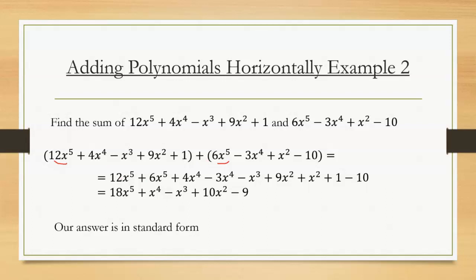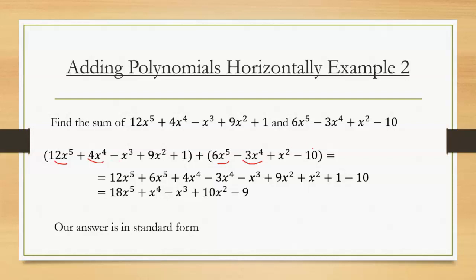Okay, so that's good. What about 4x to the 4? Can we combine that with anything? Let's see, it looks like up here, we can combine it. When you combine it, don't forget the minus sign. You want to keep that with the term. That's what I'm doing here, as you can see. We have minus x cubed. Can we combine that with anything?